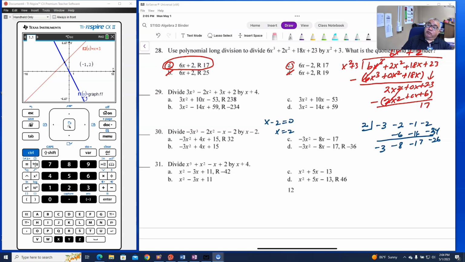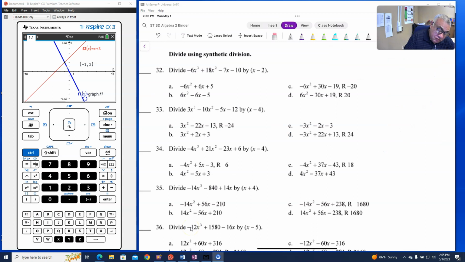And -34 plus -2 gives you -36. So the only one that fits that is D. We have -3x squared. -3 is the coefficient for x squared, -8 is the coefficient for x, and our constant is -17. So our answer is D.